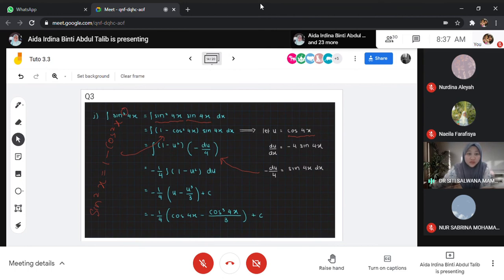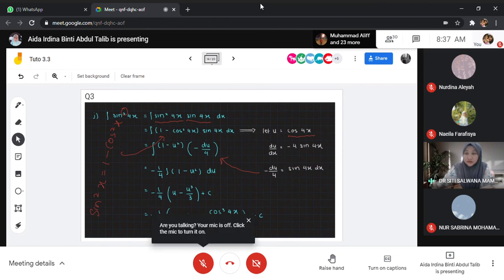That sin square you replace with its identity, which is 1 minus cos square 4x. So how can you eliminate sin 4x? We let u be cos 4x. The derivative lets you replace sin 4x dx with negative du over 4. Okay, is this clear?